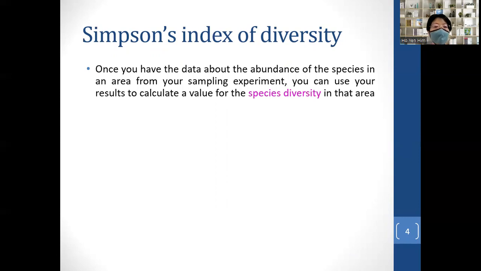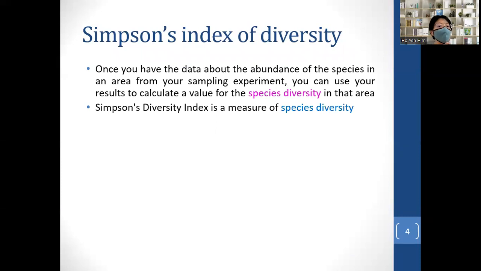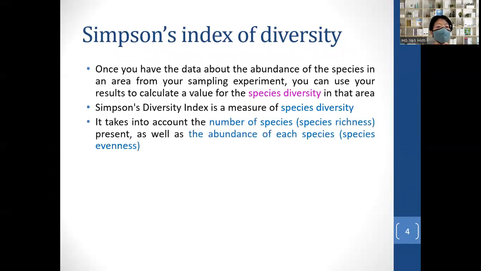Then you can use this data that you have obtained from your sampling of these 2 areas to calculate the value for species diversity. So we use Simpson's Index of Diversity to calculate species diversity.